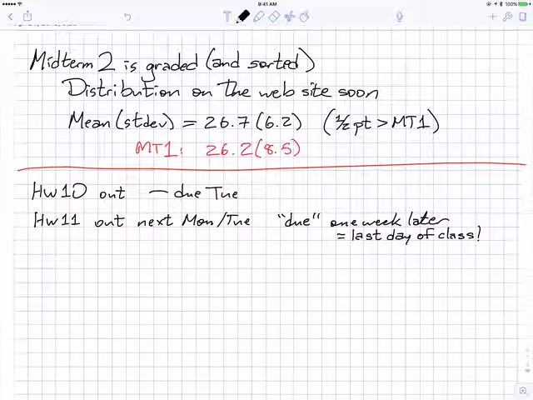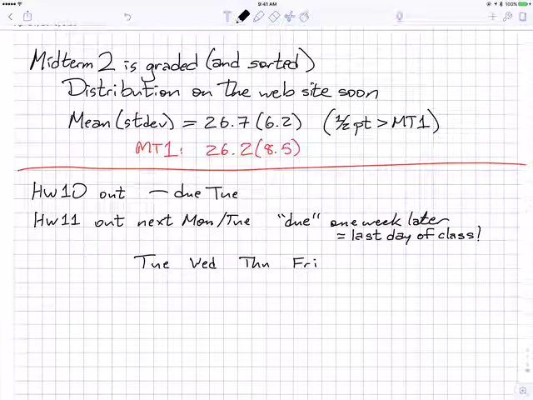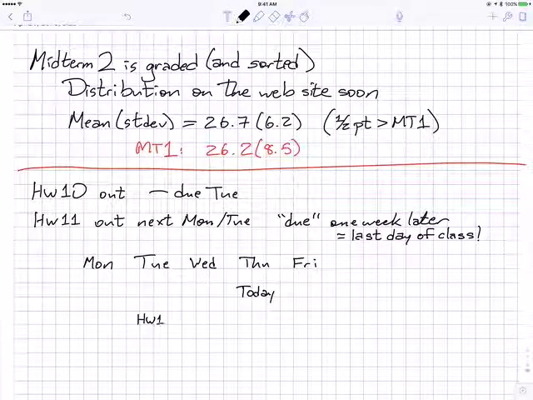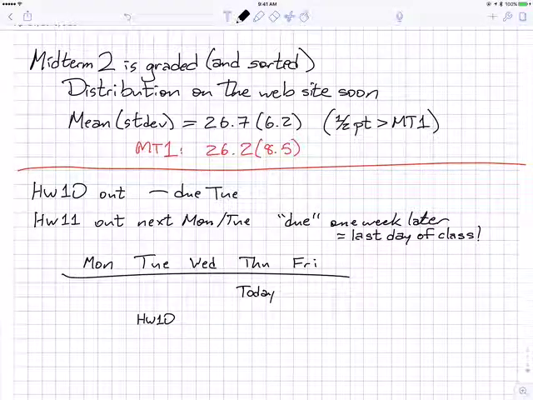So because we're coming up on the very end, let me give you the calendar from here to the end of the semester. So this is where we are today. We're going to start talking about approximation algorithms today. Homework 10 will be due next Tuesday, and homework 11 will come out.